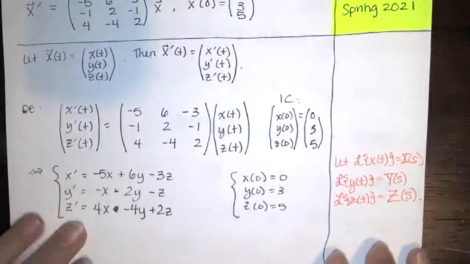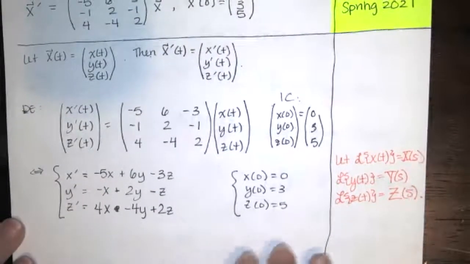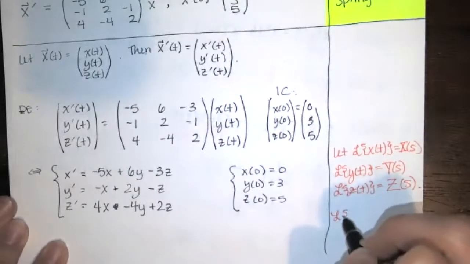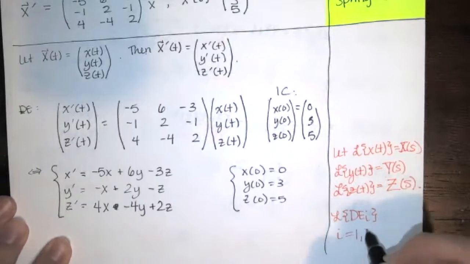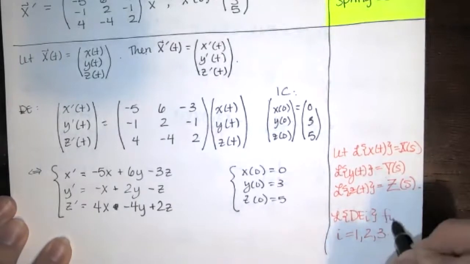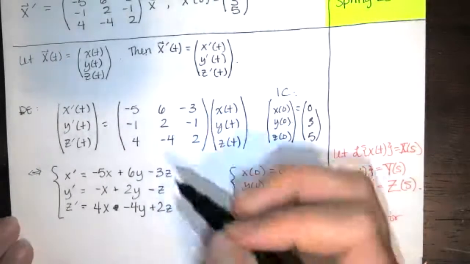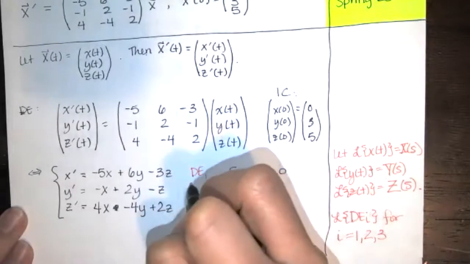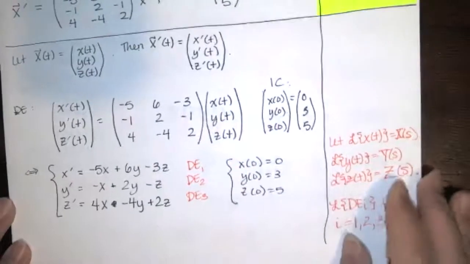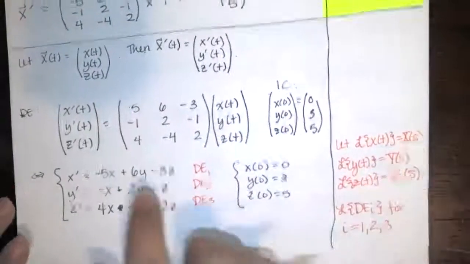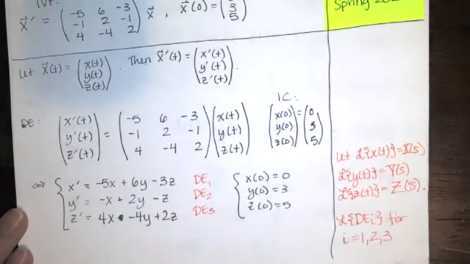Okay, so we start there, and then we'll take the Laplace transform of each of the differential equations. So I'll call those d sub i for i equals 1, 2, and 3. Okay, so if this is my first one, this is my second one, and this is my third, we just want to take the Laplace transform of both sides one at a time and use our initial conditions to simplify from there.